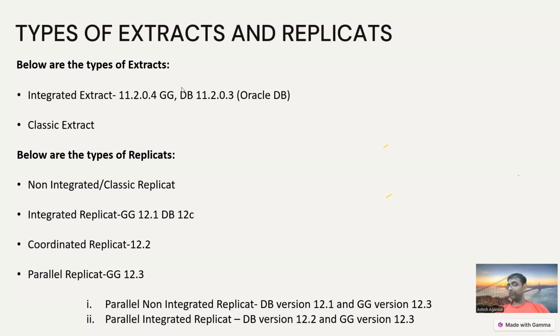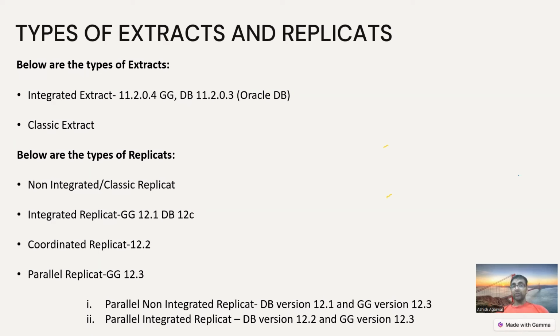But with the introduction of other types of extracts and replicats, the traditional extract is now called classic extract and the traditional replicat is now called classic replicat. Integrated replicat was introduced in GoldenGate version 12.1 and database version 12c, then coordinated replicat in GoldenGate 12.2. Parallel replicat was introduced in GoldenGate 12.3. Parallel replicat is of two types, parallel non-integrated replicat and parallel integrated replicat. During this training, we'll be discussing different types of replicats and extracts.